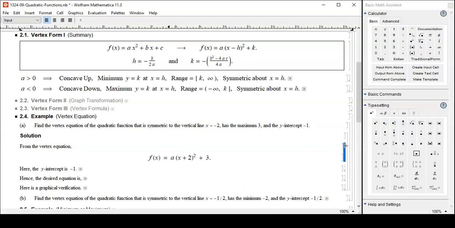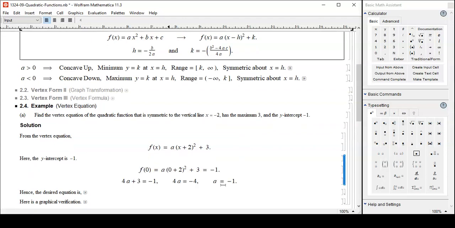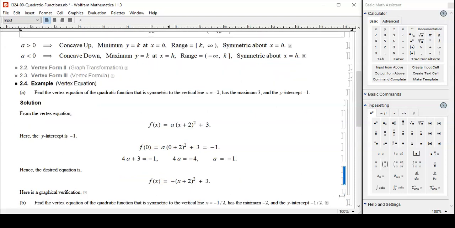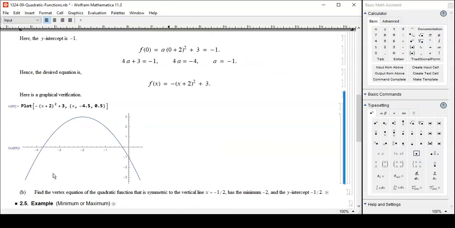First, you begin with the vertex equation, with x equals negative 2 and y equals 3, those are there, and then plug in the y-intercept condition. So plug in x equal to 0, and we have this relation from here. So for a, we got the a value, put it back in, and we get the desired equation. By the way, here's a graph.